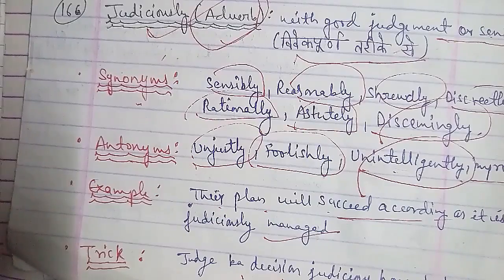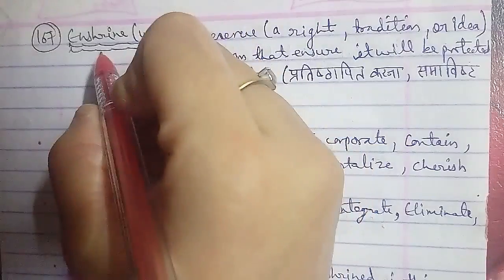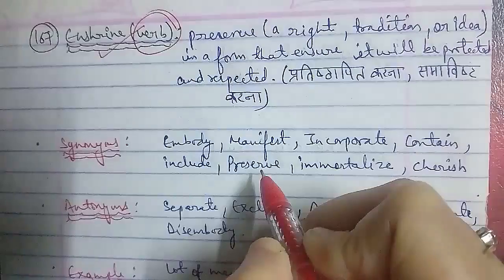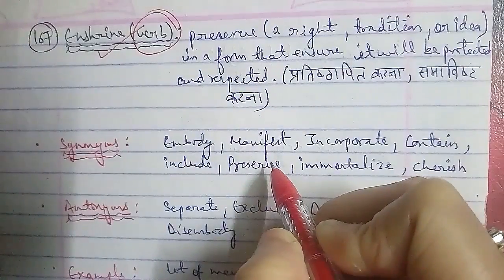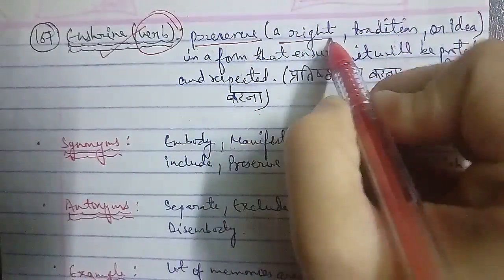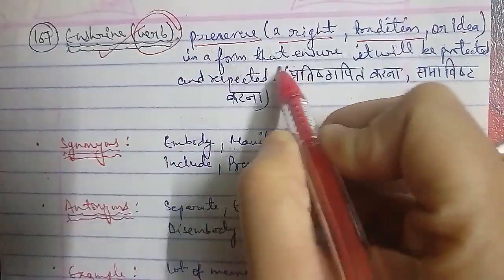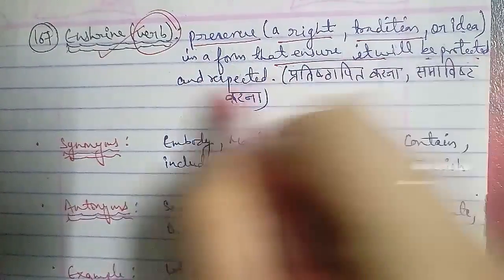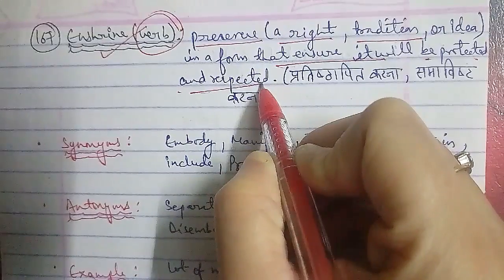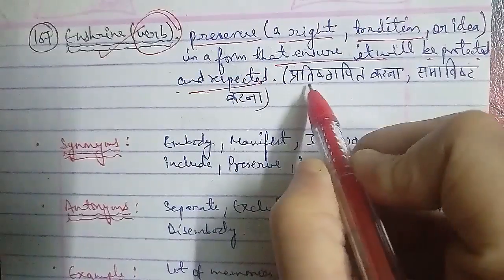The synonyms of enshrine we have here: embody, manifest, incorporate, contain, include, preserve, immortalize, cherish. These were the synonyms of enshrine here. Now, the antonyms of enshrine are separate, exclude, disintegrate, eliminate, disempty.